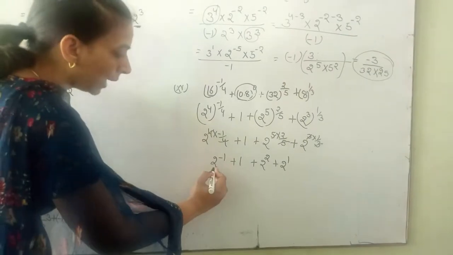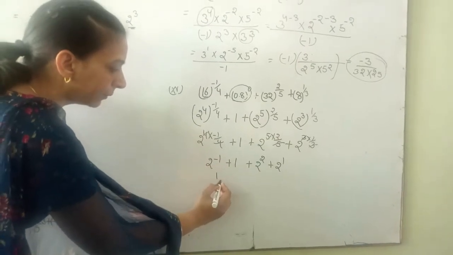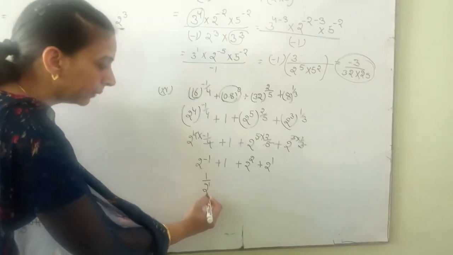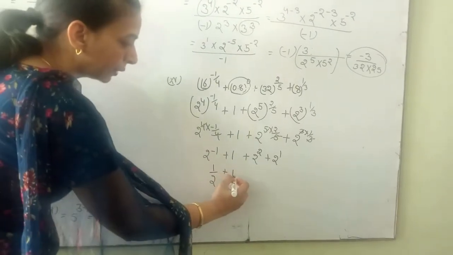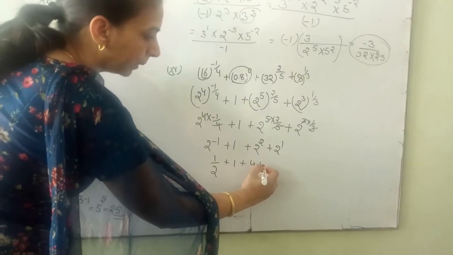Okay. Then 2 raised to the power minus 1 is 1 by 2 raised to the power 1, and we can write it only 1 by 2. Then plus 1 plus 4 plus 2.